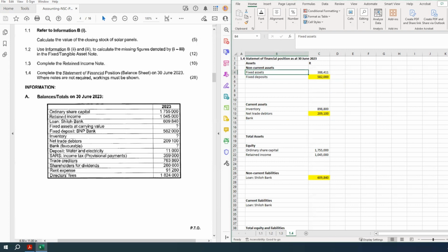So we were at the bank, and the bank amount wasn't provided, just that it's a favorable balance. I'm just going to put this as yellow, so the amount is missing. All right, and then we have deposits, water, and electricity. So I'm just going to add that as part of my current assets.